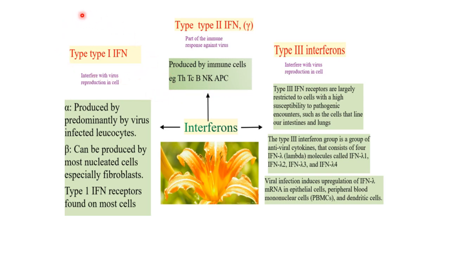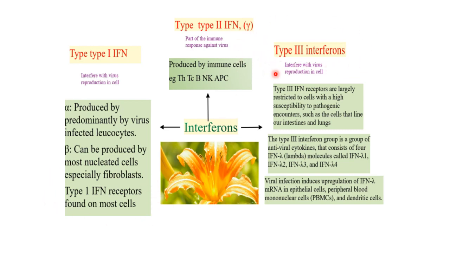Type 1 interferon interferes with virus reproduction in cell. Type 1 interferon alpha is produced predominantly by virus-infected leukocytes. Type 1 interferon beta can be produced by most nucleated cells, especially fibroblasts. Type 1 interferon receptors are found on most cells.